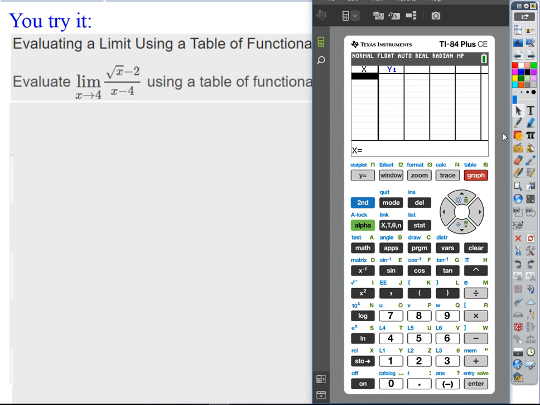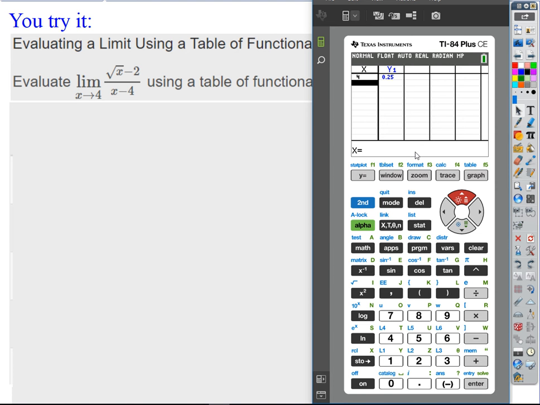So then I could make a table of a bunch of x values, but really I don't need to. All I really need to do is just put in something like 3.9999999, and there's the x value. I didn't actually put in 4. When I put in 3 point bunch of 9s, it rounded it for me.